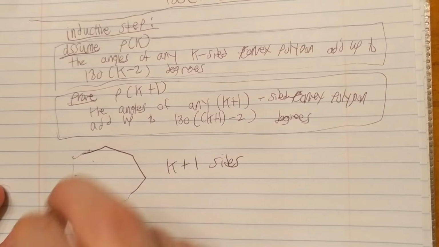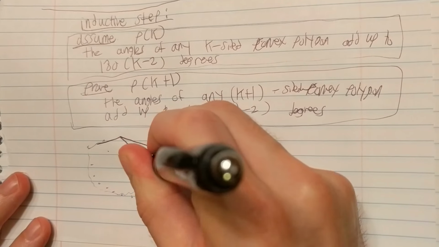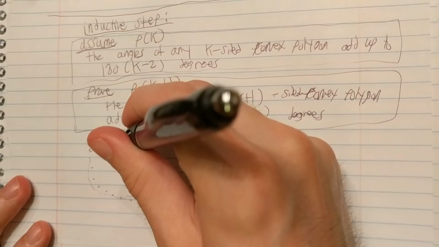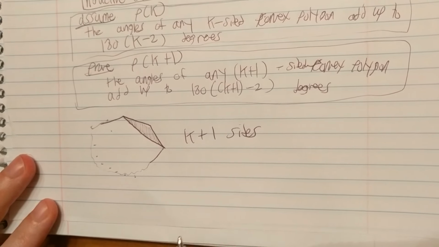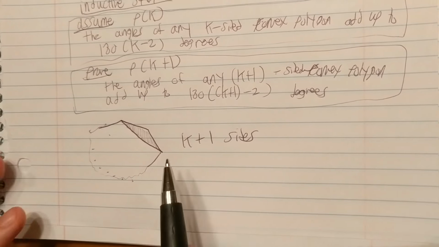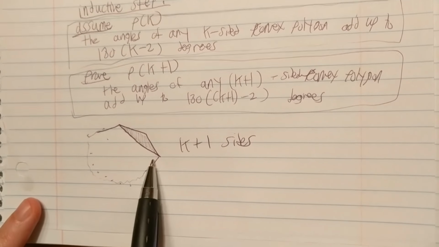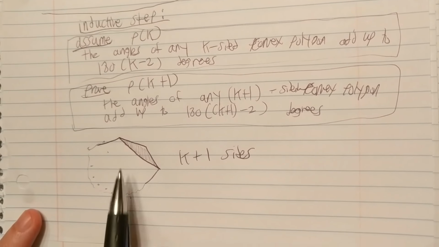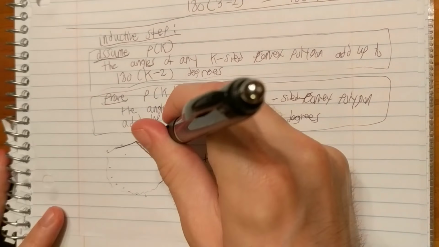So now let's draw a line from here to here, and then we'll shade in this part of the polygon. We're just going to split off the polygon into two convex polygons. So we're just drawing a line and separating them into two polygons. This one side's a triangle, so this has 3 sides.